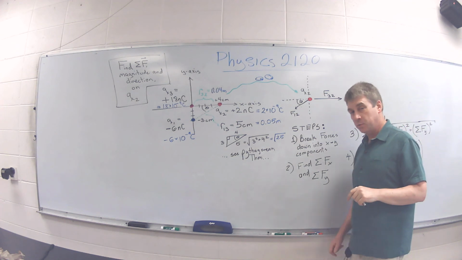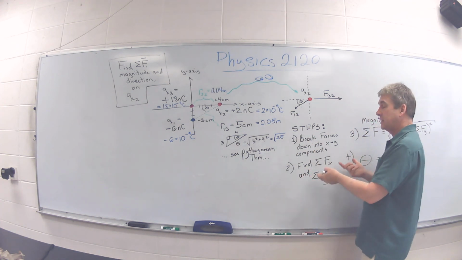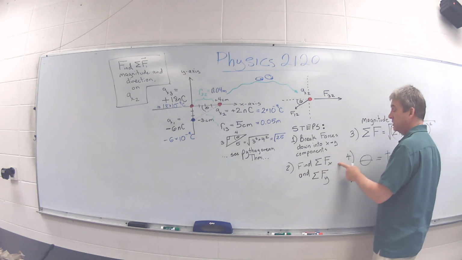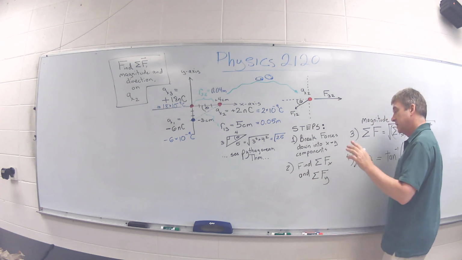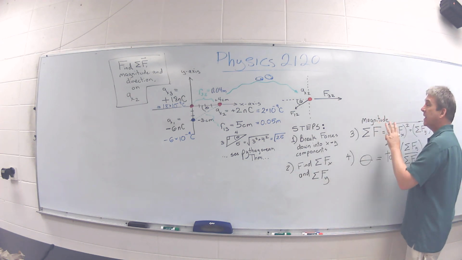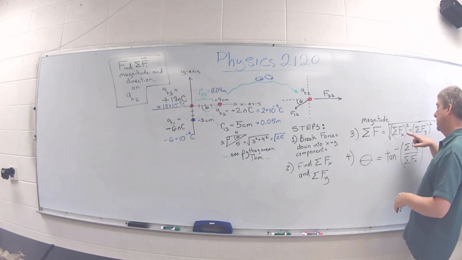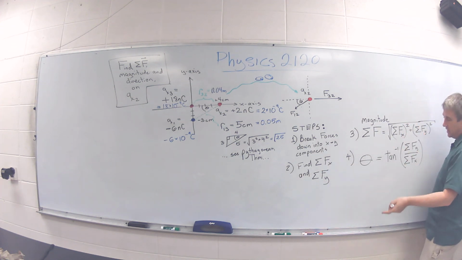So here are the steps we're about to use. Step 1, break your forces down into x and y components. Step 2, find the sum of the forces in the x direction and the sum of the forces in the y direction. Step 3, find the magnitude of the total force. The total force is the square root of the sum of the forces in the x direction squared plus the sum of the forces in the y direction squared.